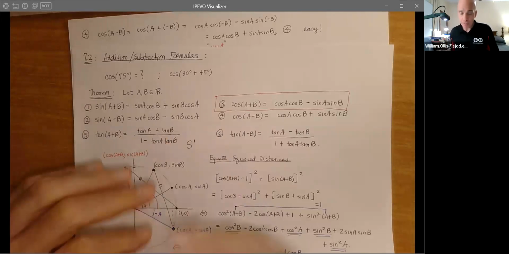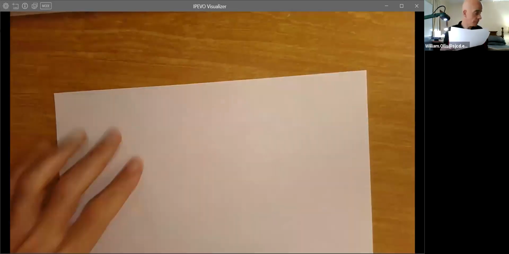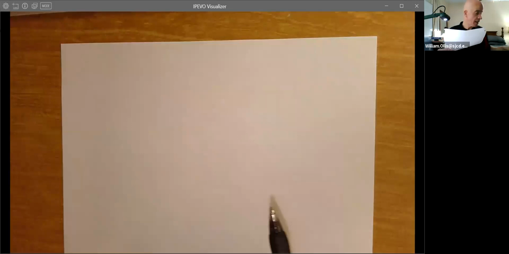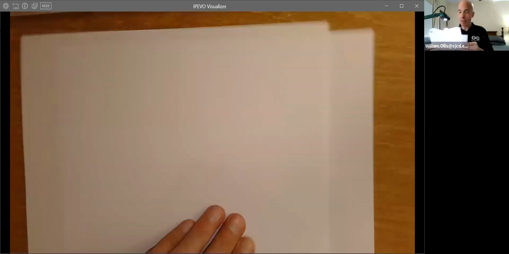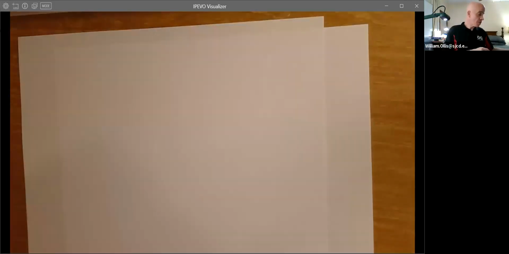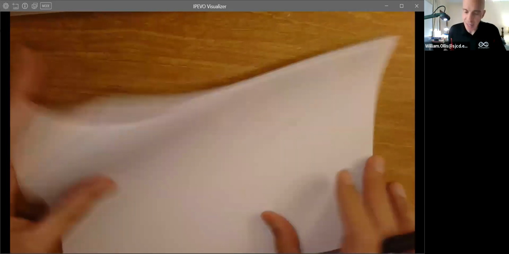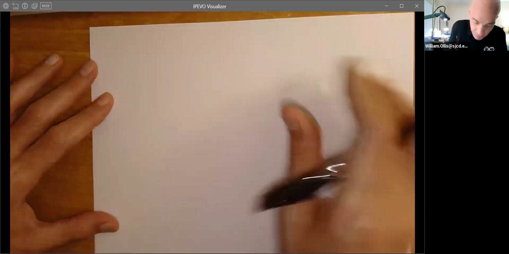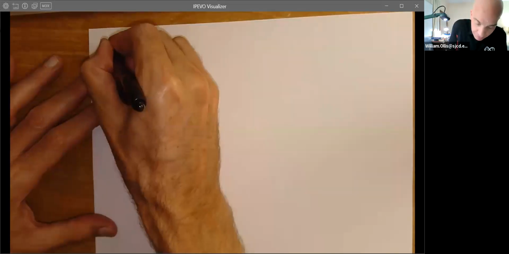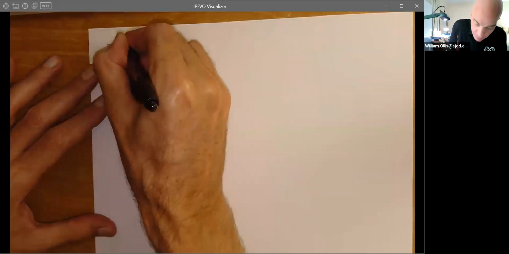Okay, so now let's look at some more ideas here. Let's just go ahead and go back to the problem that we started out with. So you're doing that law of cosines problem, and you have cosine of 75 degrees.